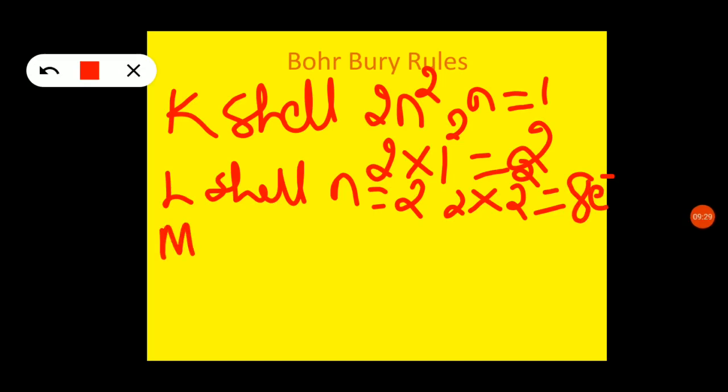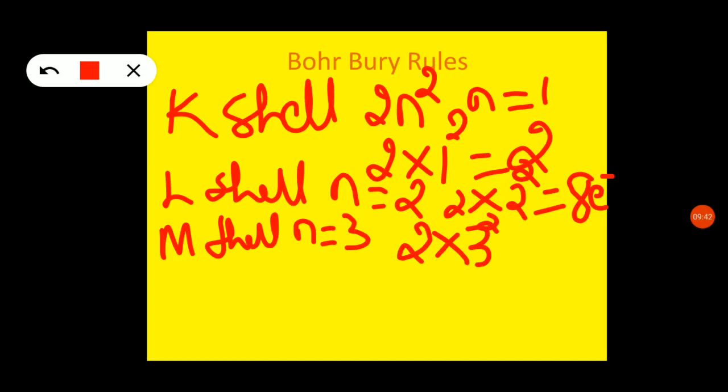Next is the M shell. n equals 3 because this is the third orbit. If you put 3, 3 squared into 2, you will get 18. So in the M shell, or the third orbit, you can fill a maximum of 18 electrons.